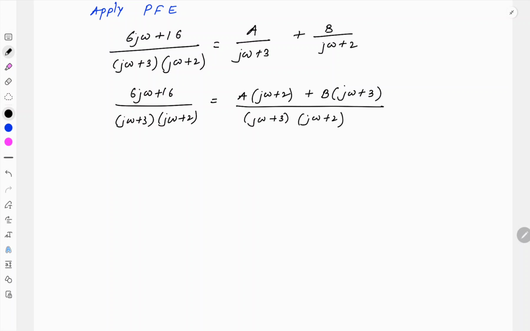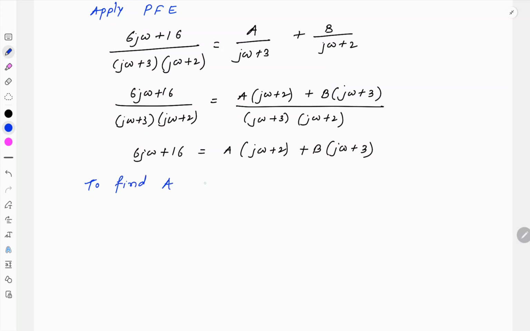Here on both sides the denominator terms are the same, so we can cancel it out and we get 6jω plus 16 is equal to A(jω + 2) plus B(jω + 3). Now from this equation we need to find out A and B.